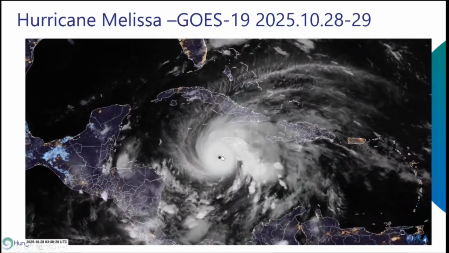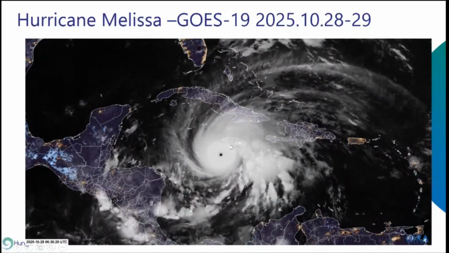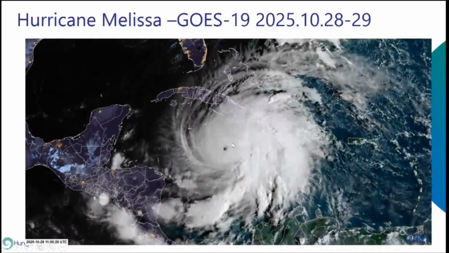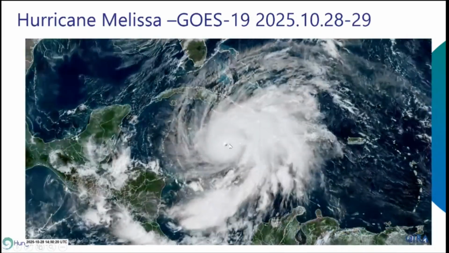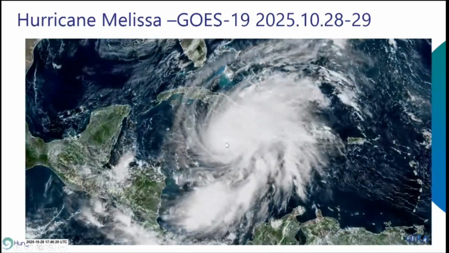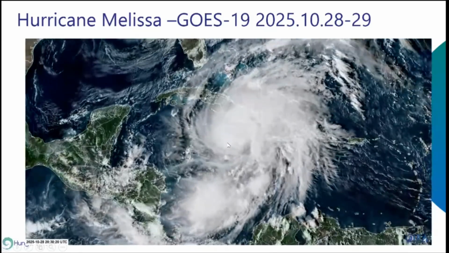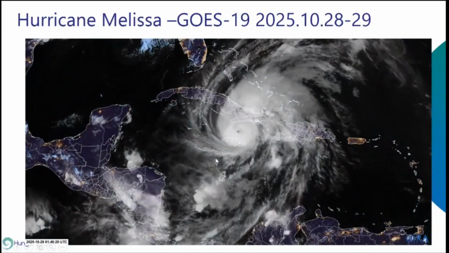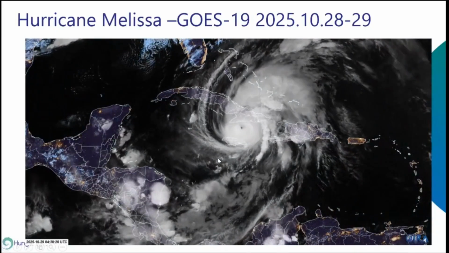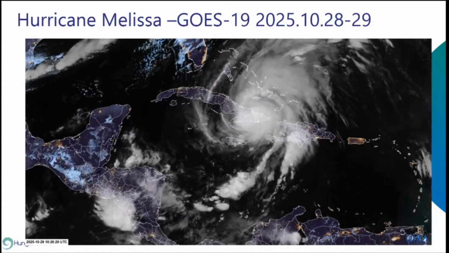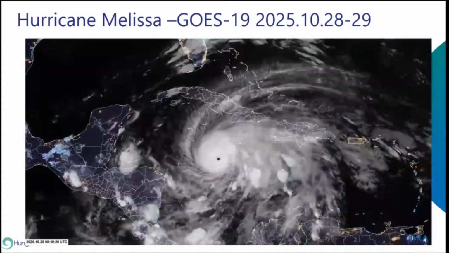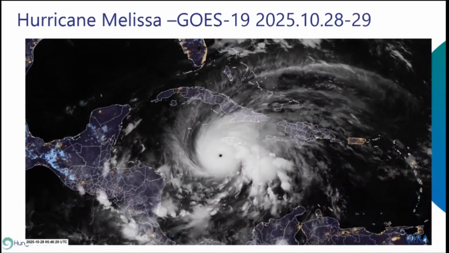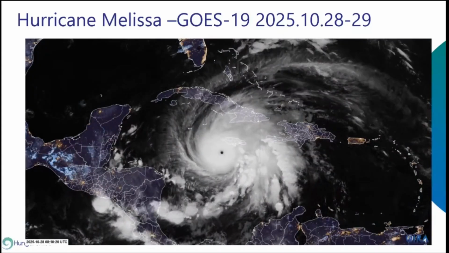So we can see the eye approaching Jamaica, and when it goes over land, we can see how quickly the strength is lowering, and then it goes over to Cuba. It looks very nice on the satellite images, but I wouldn't want to be there, that's for sure.